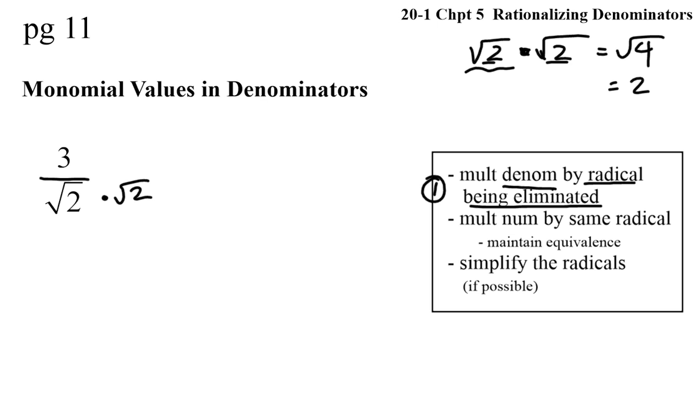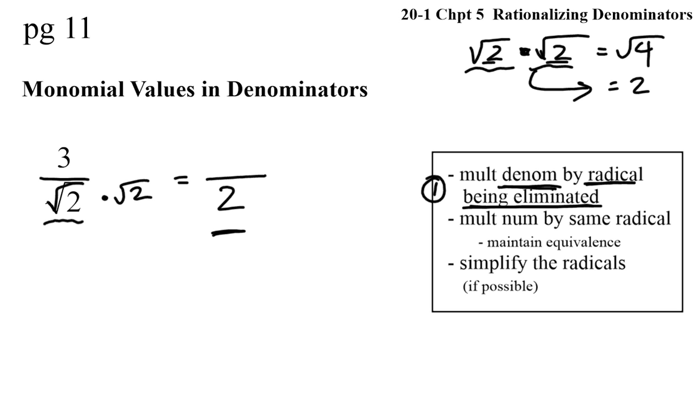Remember, a radical times itself is just the radicand. So if I want to get rid of a root 2, I'm going to multiply by root 2 because root 2 times root 2 is just a 2. All of a sudden, my irrational root 2 in the denominator has now become a 2, which is a rational number. So that's what we need to do. Multiply the denominator by the radical that we're getting rid of.